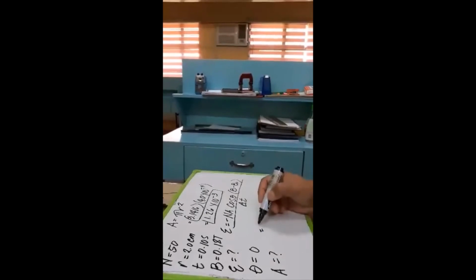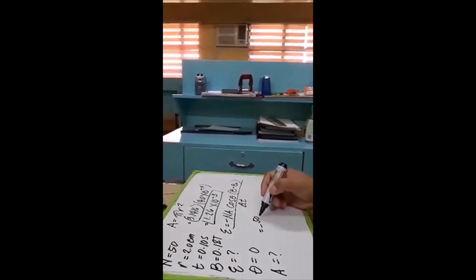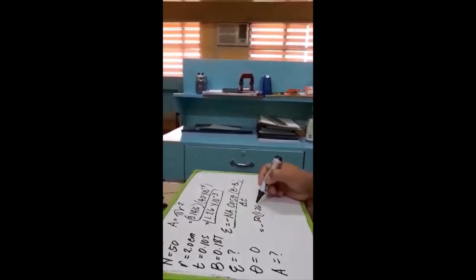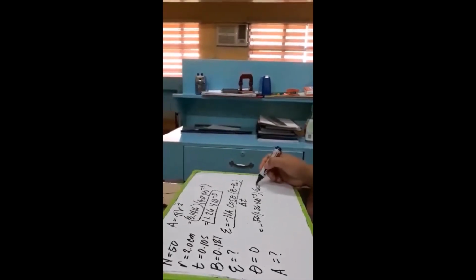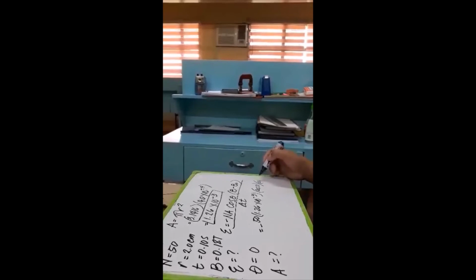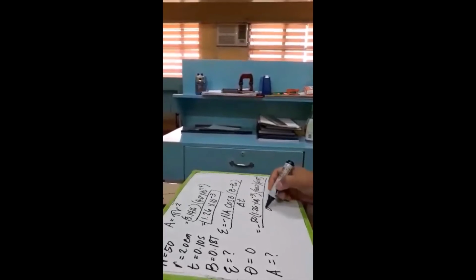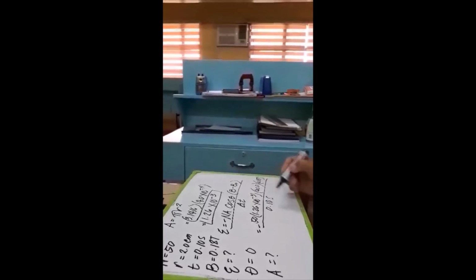So we have here 50, multiplied by 1.26 times 10 raised to negative 3, multiplied by cosine 0, multiplied by 0.18 Tesla, over our change of time, which is 0.10 seconds.